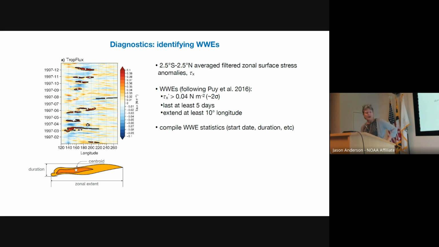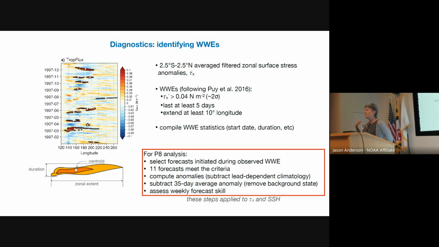And then we can compile statistics on westerly wind events, such as their zonal extent, duration, their integrated wind work, if you add up the surface stress within this patch, and their centroid. Now, because we're dealing with 35-day forecasts, we can't do a long bandpass filter. First of all, of the 168 forecasts available, for our initial analysis we wanted to pick out forecasts that were initialized during an active westerly wind burst event.